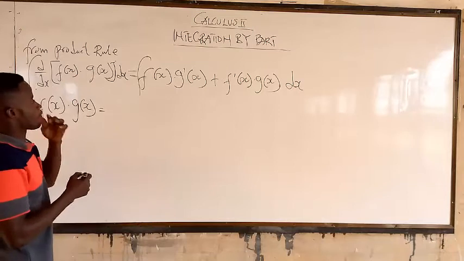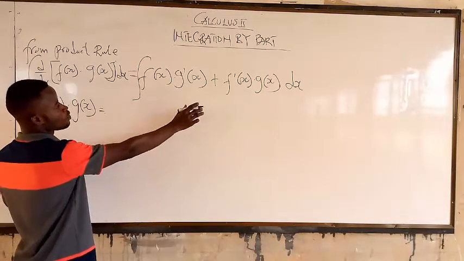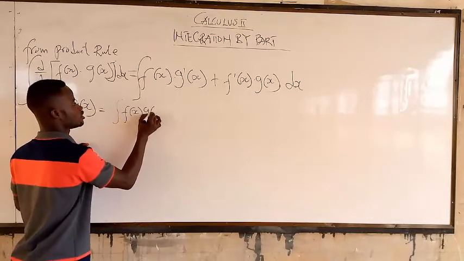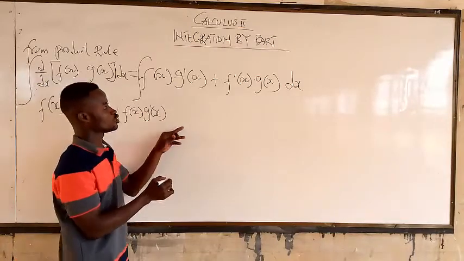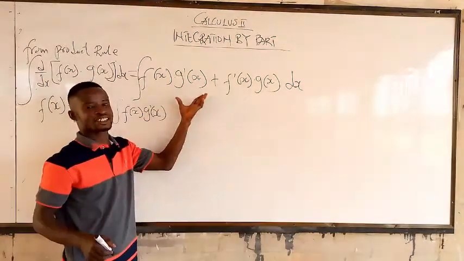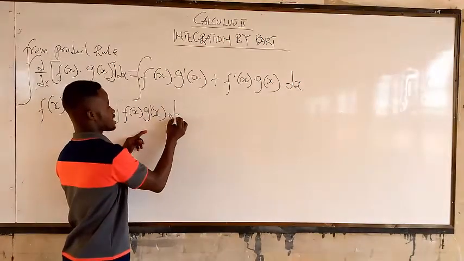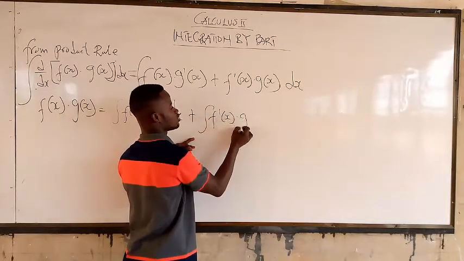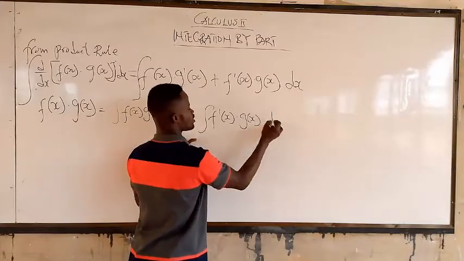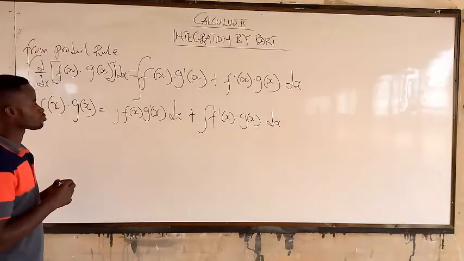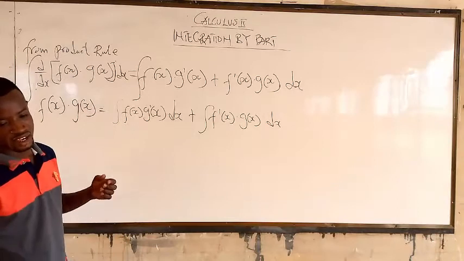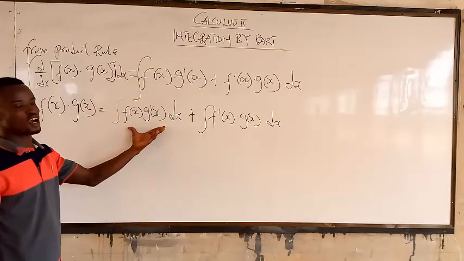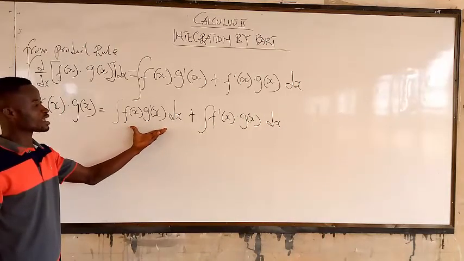Very good. Then with this side, we have the integral of f of s g prime of s ds. Don't forget that here you can integrate it term by term, so ds plus the integral of f prime of s g of s ds. Very good. Now, what we are going to do is maintain this on one side.